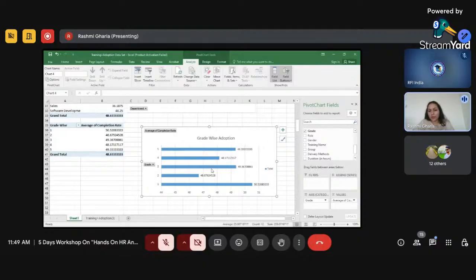So this is the way you can see the pattern in the data. I hope you got it. So our insight is what? Grade 2 has a lower adoption rate, the rest are close to 50, right?